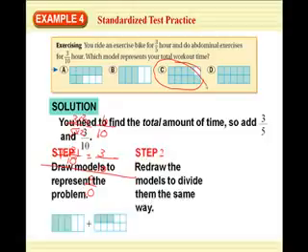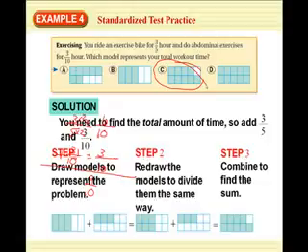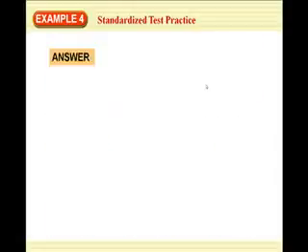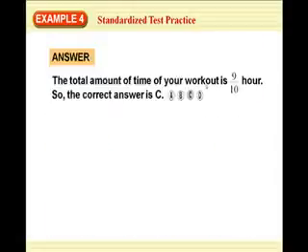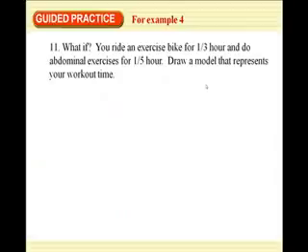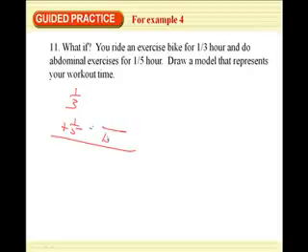So they're showing a model, but I don't worry about the models. I think make it harder. So we just got common denominators, and we found that it was C, 9/10. What if you ride your exercise bike for 1/3 of an hour and do abdominal exercises for 1/5 of an hour? Okay, so we'll go 1/3 plus 1/5. We got 15.